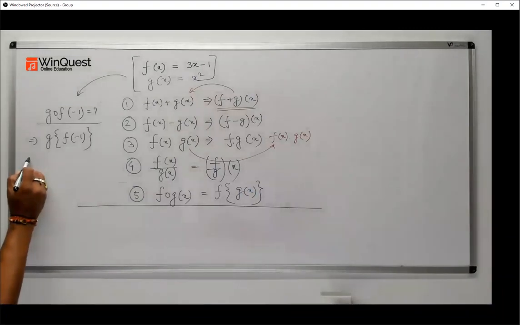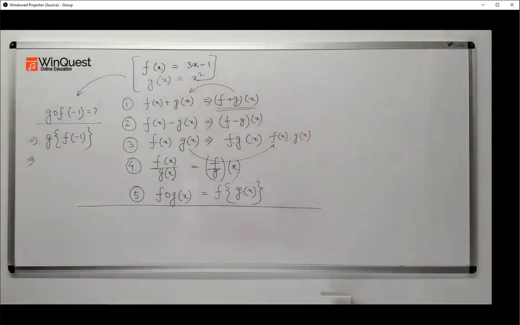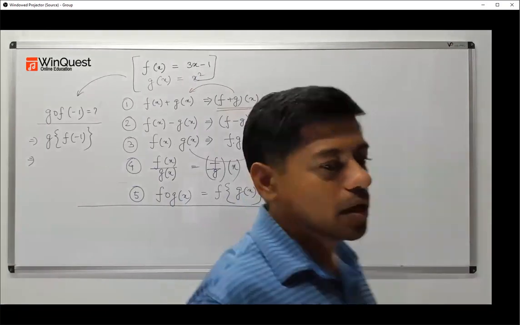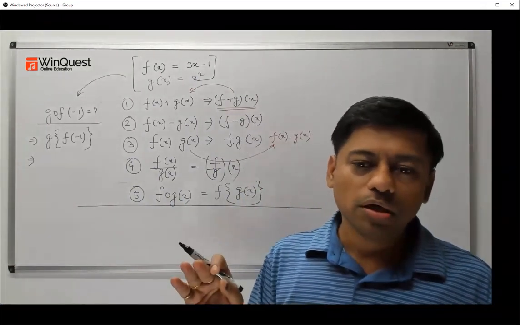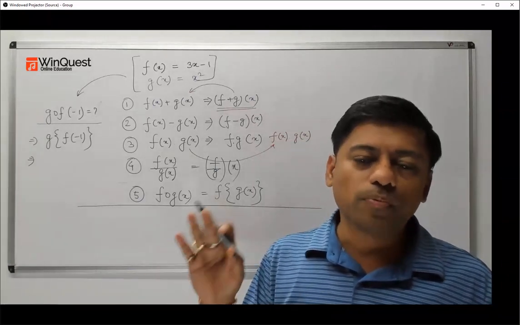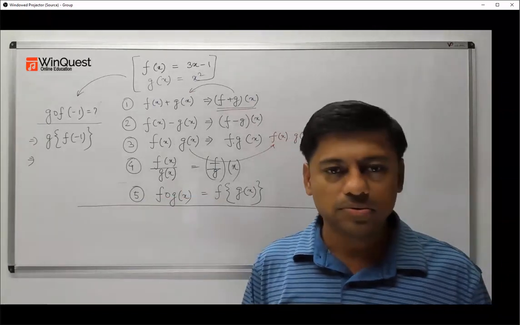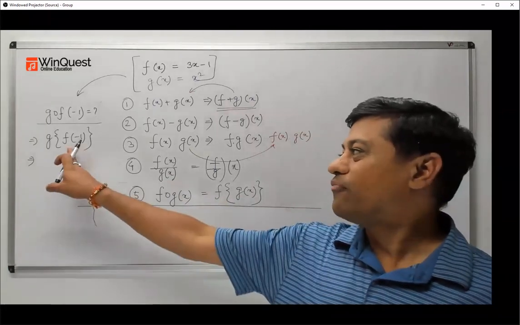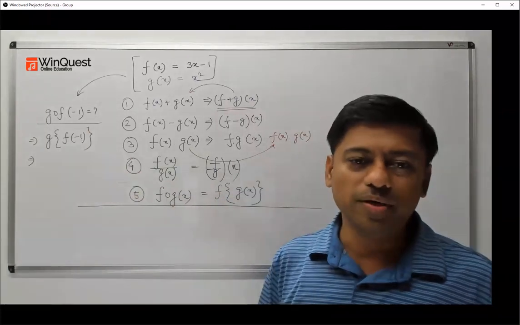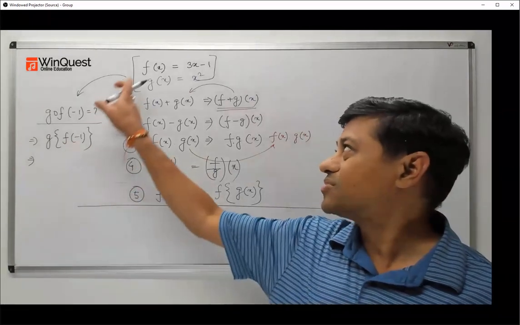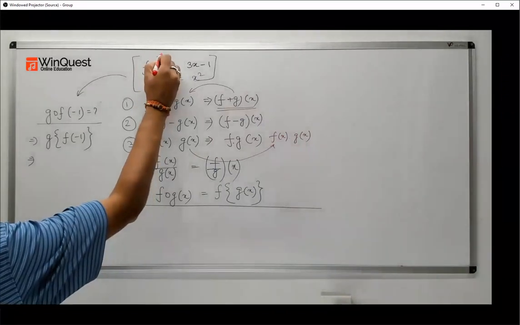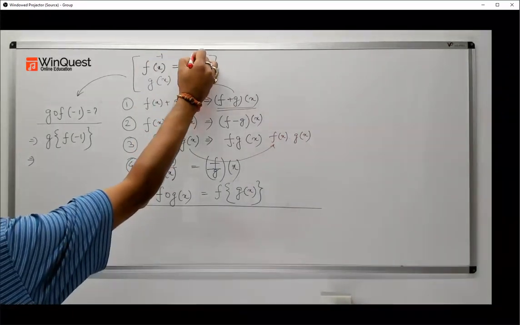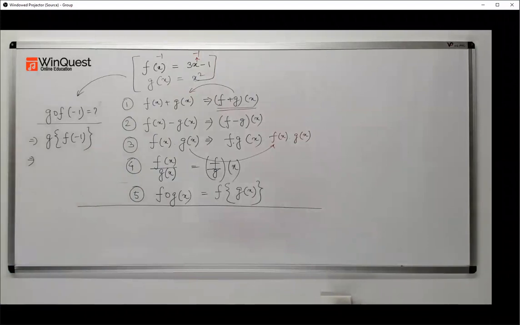Now, look at the f function. As I told you, when you substitute in functions, instead of x, you put -1 and give me the result. So f of -1 is where our focus should be right now. f of -1 means I am replacing this x with -1.